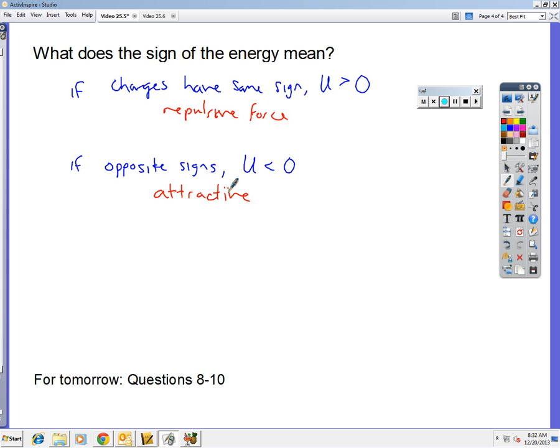And so we'll see that the sign of the energy is related to whether the force is attractive or repulsive. Positive energies are associated with repulsive force. Negative energies are associated with attractive forces. Also, when you have a negative total energy, that's what we call a bound system. Just like with gravity. For an orbit, the total energy is negative because the system is bound.